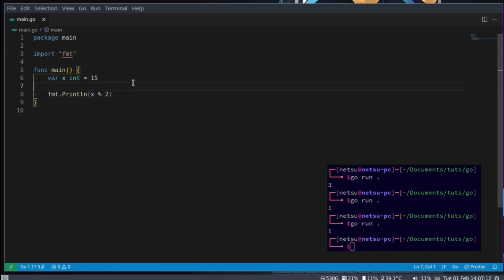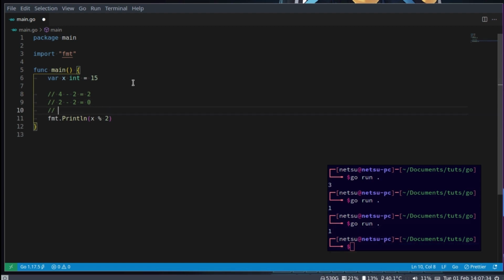For example, if we were to go here and say 4 modulo 2, that will basically go 4 minus 2 is equal to 2. And then 2 minus 2 is equal to 0. And because we know we can't go below 0, it will return 0.